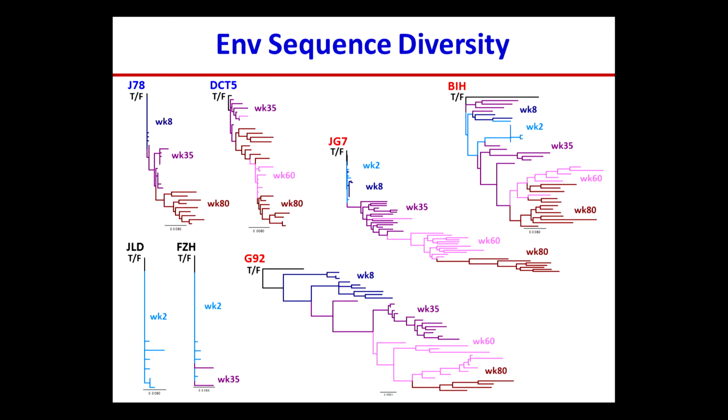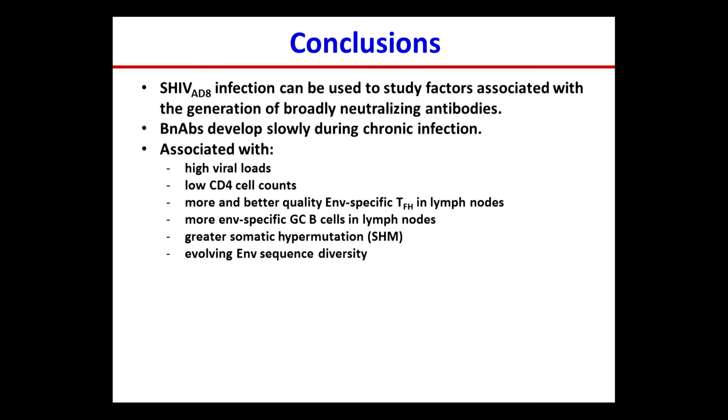So, what does all this mean? It means that SIV88 infection can actually be used to study factors associated with the generation of broadly neutralizing antibodies. They develop slowly over time and are associated with high viral loads, low CD4 T cell counts, more and better quality of envelope-specific T follicular helper cells in lymph nodes, more envelope-specific germinal center B cells, greater somatic hypermutation, and evolving Env sequence diversity.